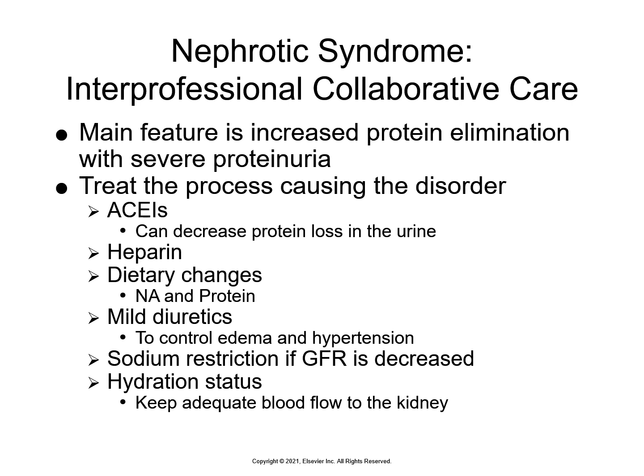They can decrease that protein loss in the urine. They may need heparin, dietary changes, sodium and protein. They may need more protein and less sodium. Mild diuretics to control the edema and the hypertension. If their GFR is really decreased, they will definitely have sodium restriction.